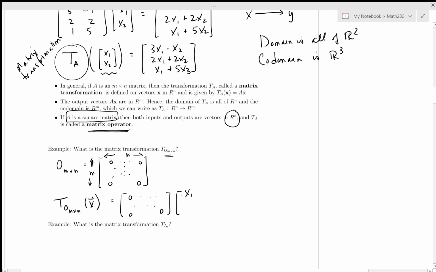When we get the output here, it will be all zeros, and this will be of dimension m. So every vector in Rn is mapped to the zero vector in Rm. So this matrix transformation here is, unsurprisingly, called the zero transformation.